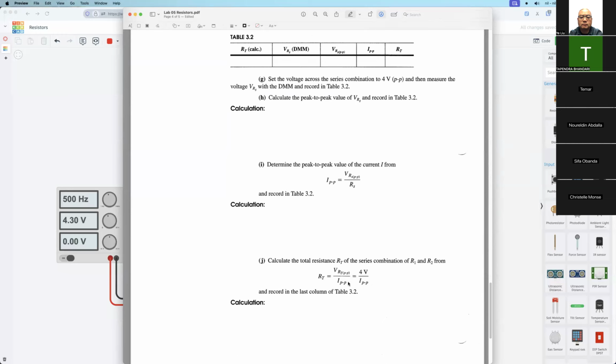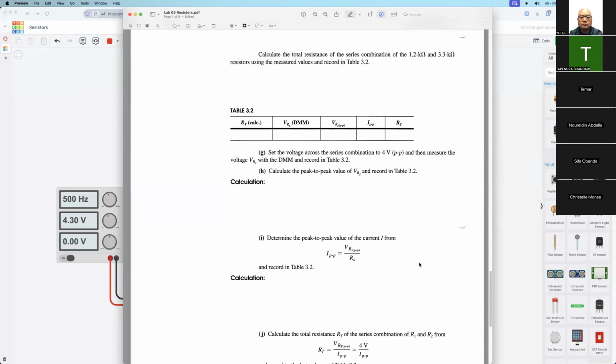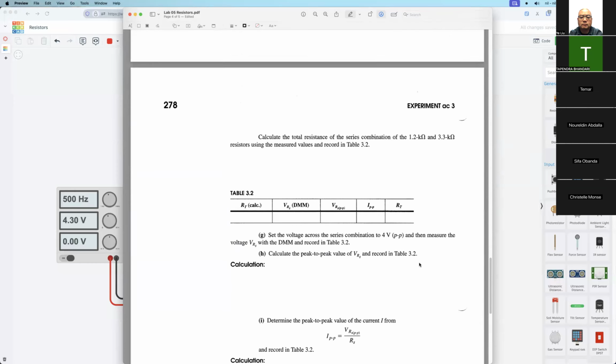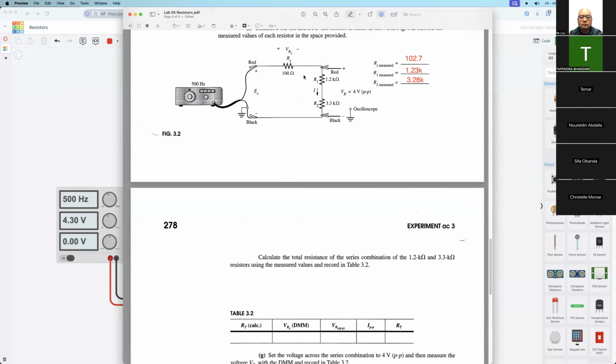This is the total current of R1 and R2. Oh, sorry. So this RT is the total of the 1.2 and the 3.3, not including this 100 ohm resistor.